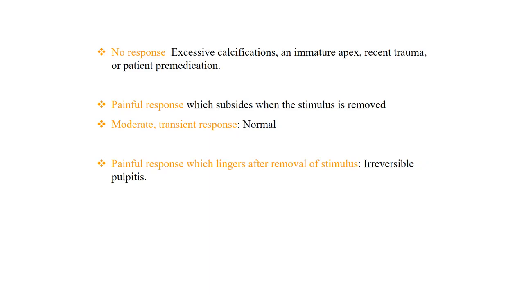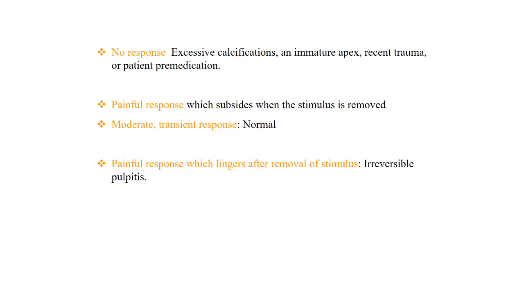Therefore, we call this a baseline pulpal response after trauma, and we recall the patient after regular intervals starting from 3 to 6 weeks up to 6 months to see if from this negative response the pulp is able to recover and give a positive response.